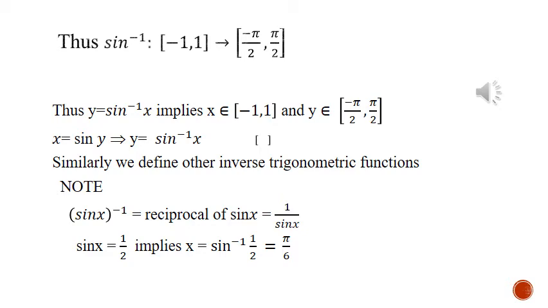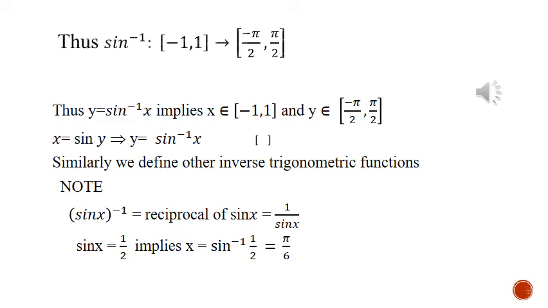Similarly, we define other inverse trigonometric functions cos inverse x, tan inverse x, cosec inverse x, sec inverse x and cot inverse x by making some restrictions over their domains; only with restricted domains can we find them.